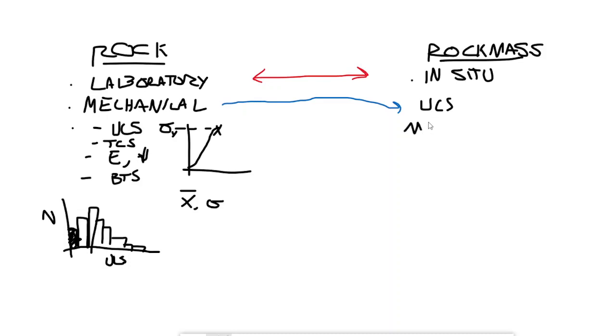So again, modify it. Ultimately, these modifying factors are difficult to quantify exactly, but we can have things like the discontinuities, right? And you'll see that's a pretty general term.